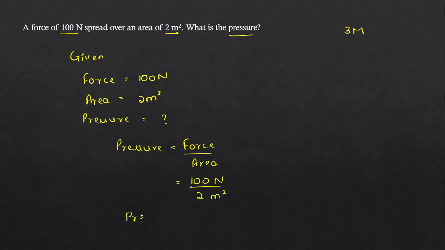So pressure will be equal to 100 by 2, which is 50, so 50 newtons per meter square. This will be the answer to the question. Remember, 1 mark will be awarded for writing the formula, 1 mark for substitution, and 1 mark for the answer along with the correct units.